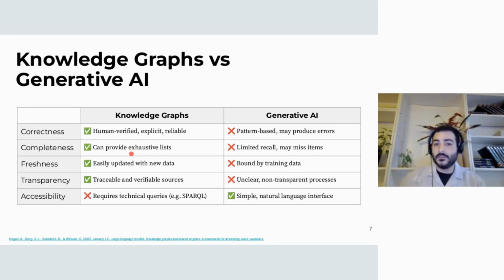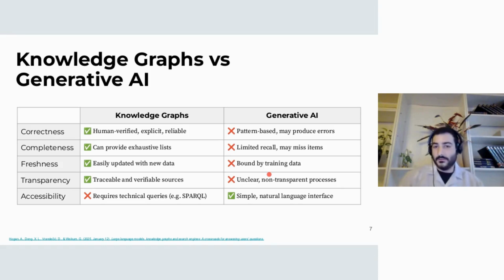Knowledge graphs are easy to update with new data. However, AI models are bound to their training data, and it's difficult to retrain with more information. Knowledge graphs are transparent, their information is traceable and verifiable. However, AI models tend to generate information with non-transparent processes.